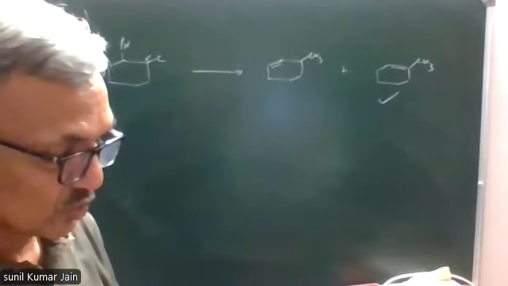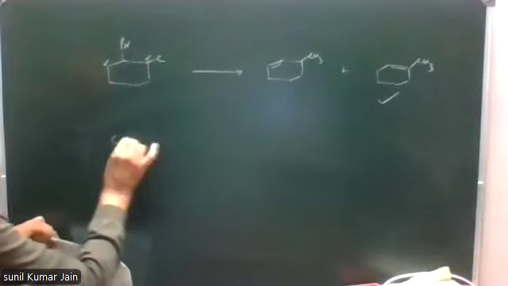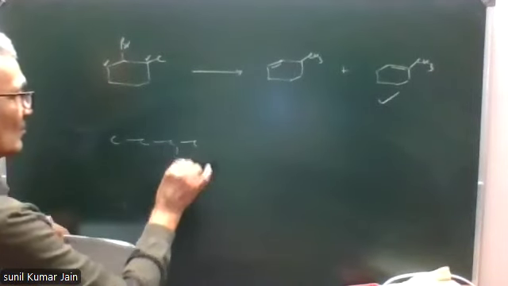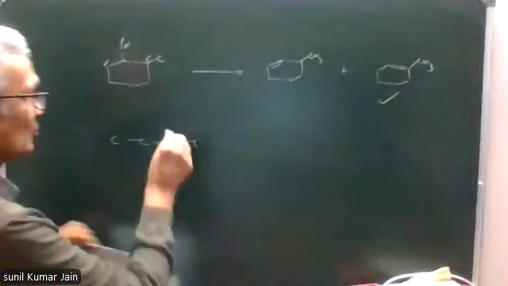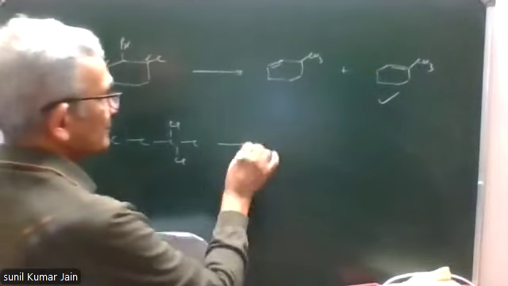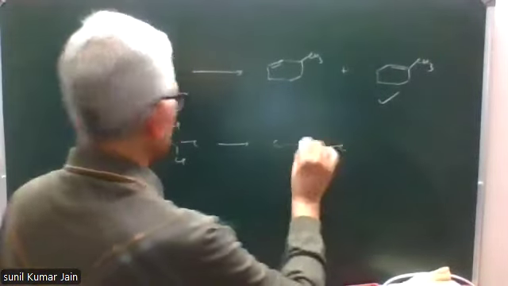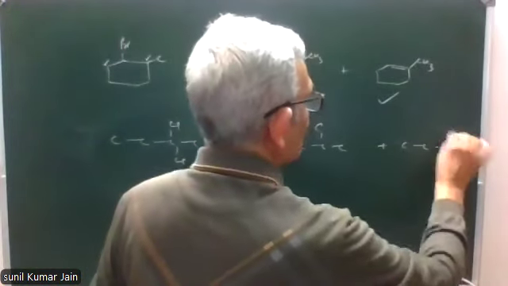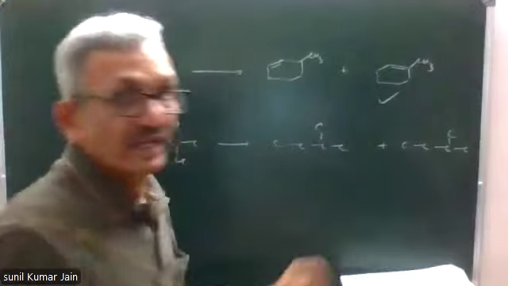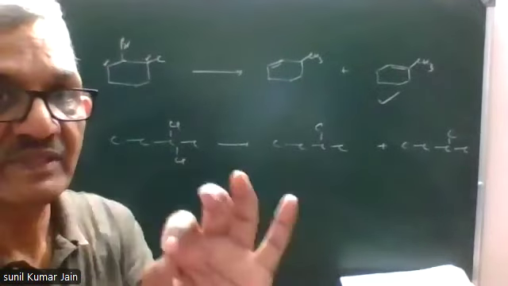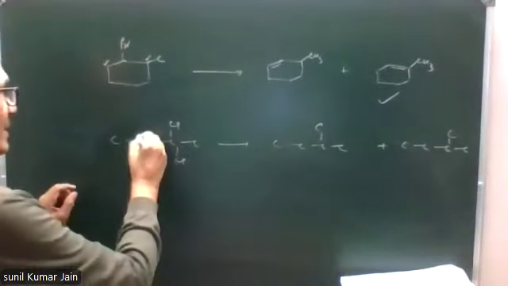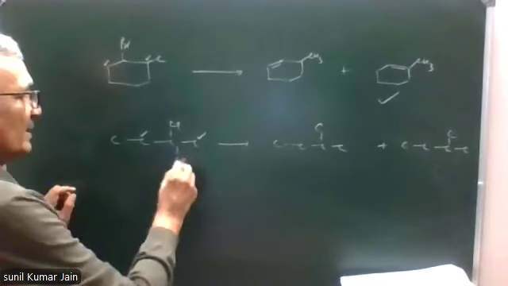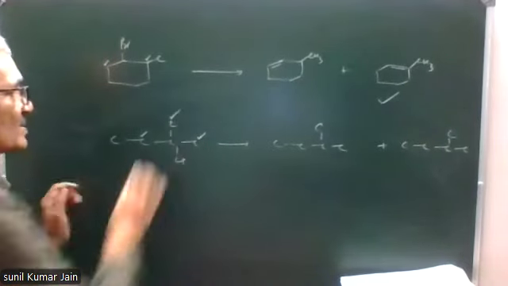Second, 2-chloro-2-methyl butane. Now, carbon which carry alpha hydrogen. This one, and this.